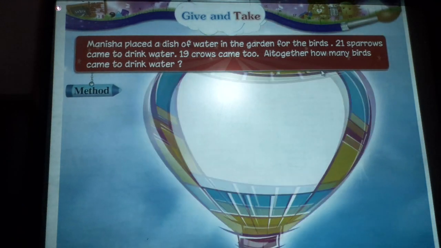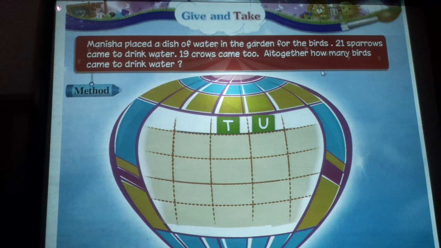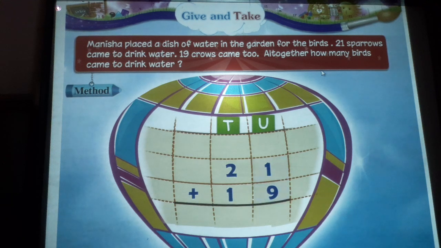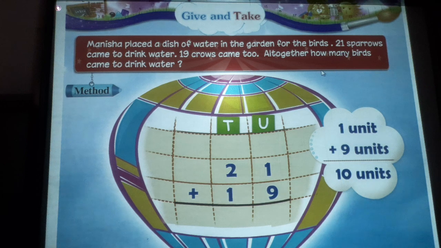We draw the box for tens and units. To find the total number of birds, we have to add 21 and 19. We add the units first. 1 unit and 9 units make 10 units. 10 is 1 ten and 0 units.